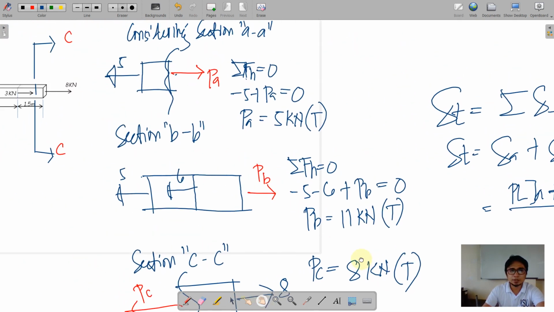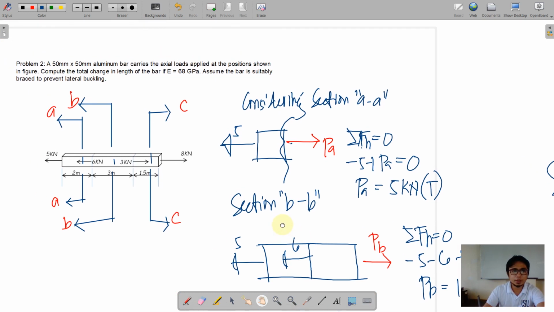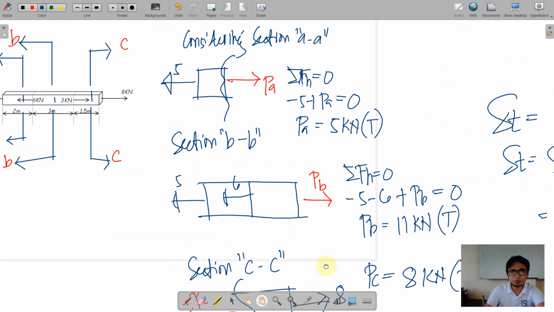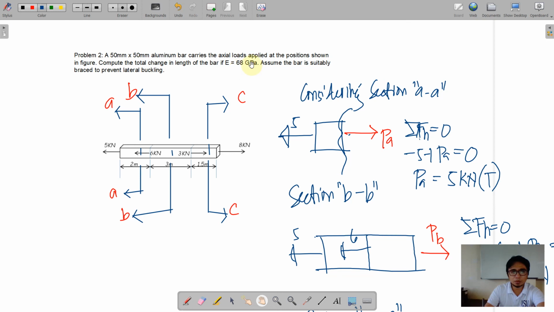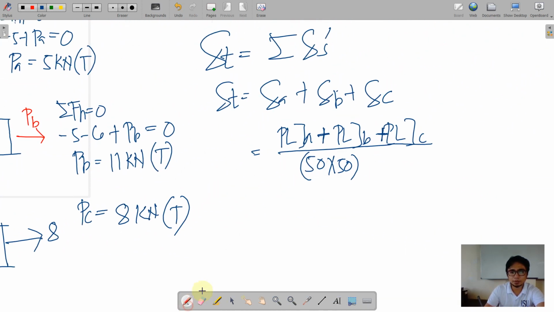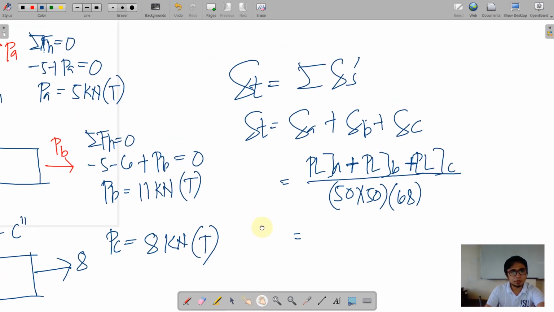So let us see what is the area here. 50 by 50, times the modulus of elasticity, we have 68 gigapascals, times 68. And then we substitute the variables.